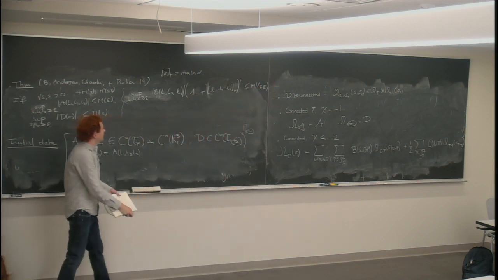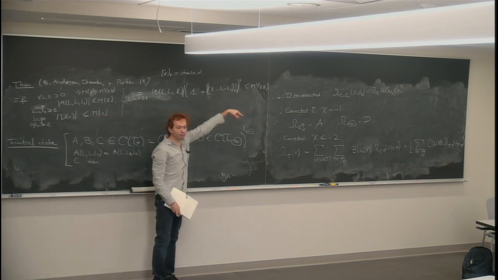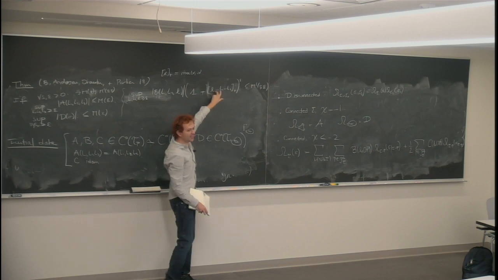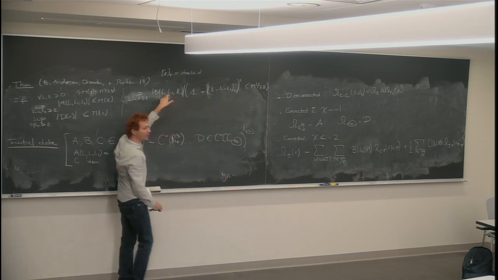So this condition means that if L is very large, but the boundary lengths are fixed, I'm going to decay faster than any power law. If L is very large, but the boundary lengths are also even much larger, I just want that this thing is bounded.